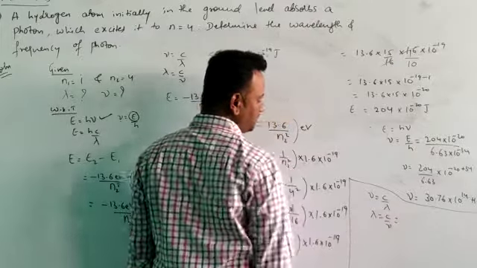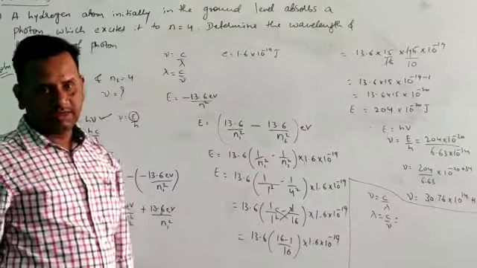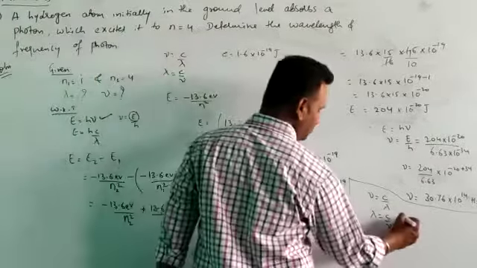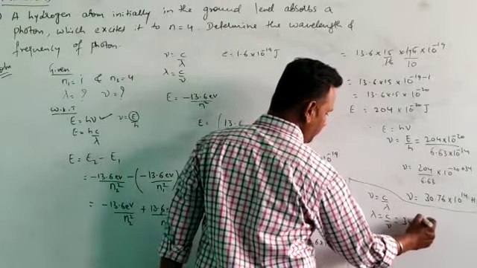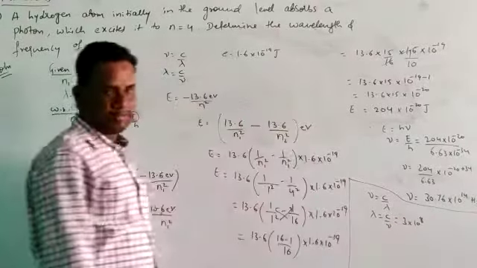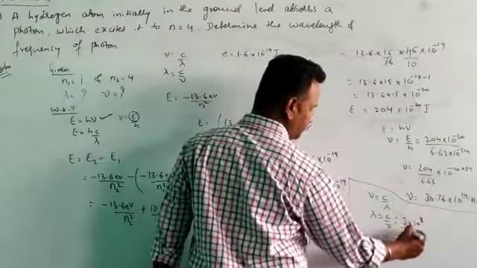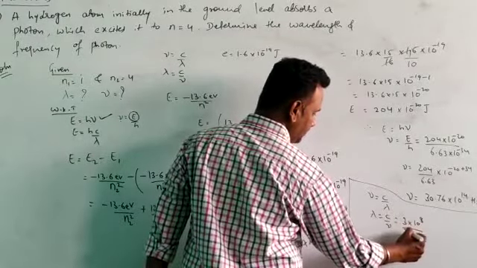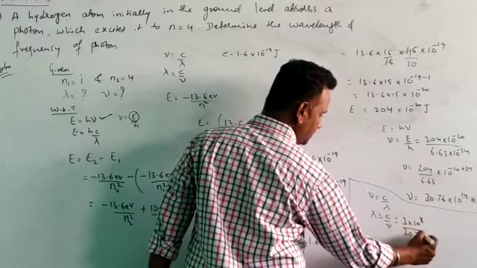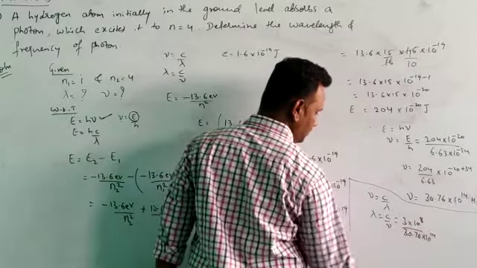C is the speed of light, 3 into 10 to the power of 8 meter per second, divided by the frequency nu, 30.76 into 10 to the power of 14.